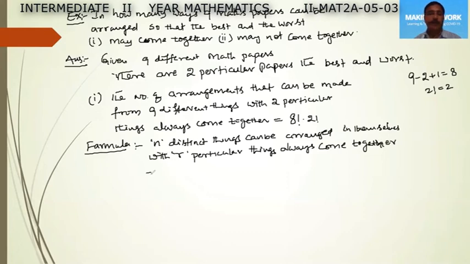Is equal to. As we discussed just now, if particular things are to come together, we have to consider them as one unit. That means first we remove those r elements from the given n elements and consider them as one unit. Now we add that, so the total elements will be n minus r plus 1.